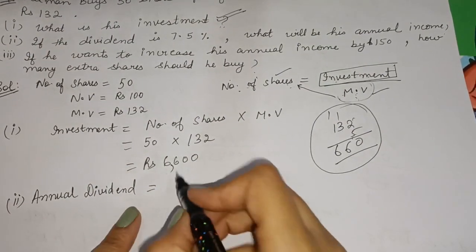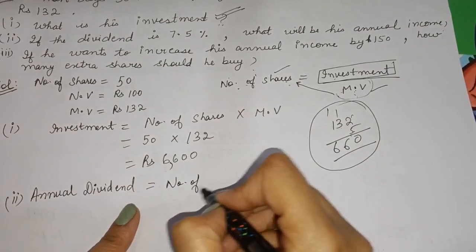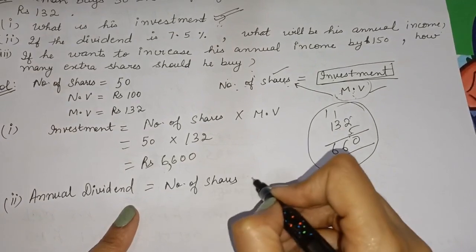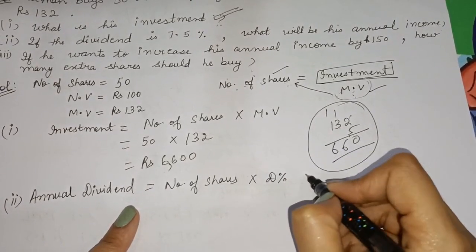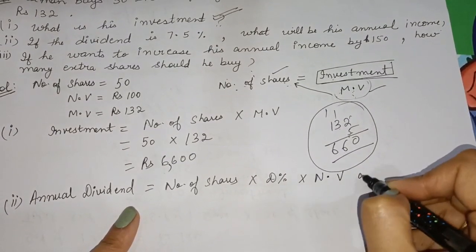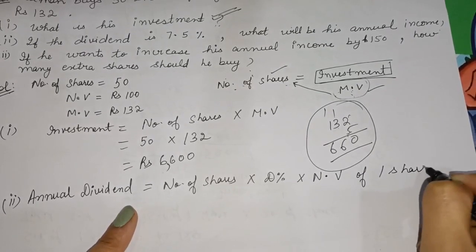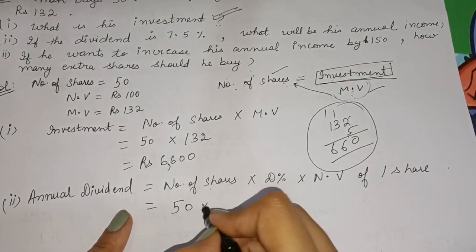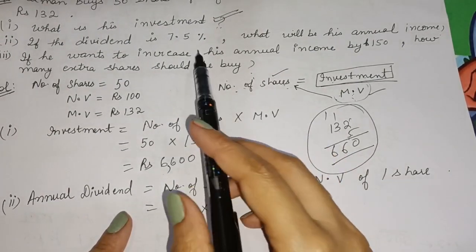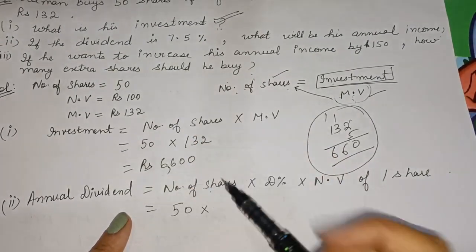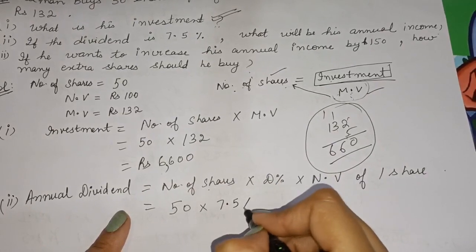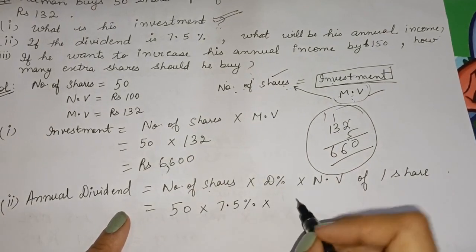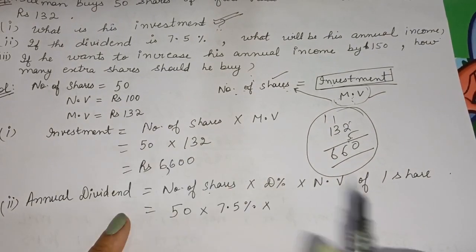So annual income's formula is number of shares into dividend percentage into nominal value of one share. So we can use the direct formula: number of shares is given to us, 50. Dividend percentage is also given to us, so here they are saying 7.5%, into nominal value of one share. So nominal value is 100.